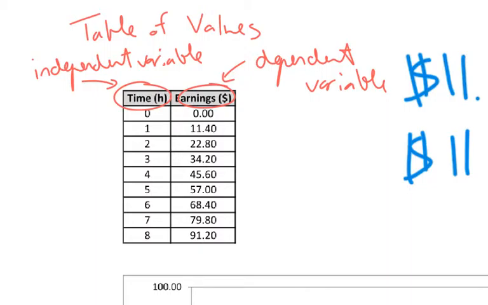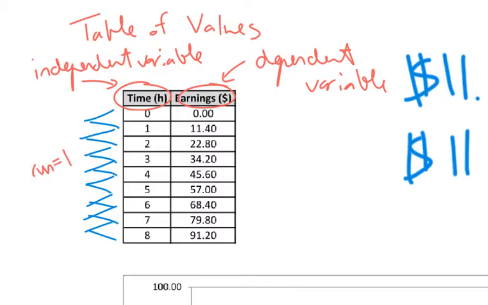Based on this table of values, you can calculate both run and rise. So let's take a look at these values. I'm not going to do the calculation for all of them, but you can pretty much see that each of these values are increasing by 1 each time. So I'm going to say the run is equal to 1, so 1 hour.